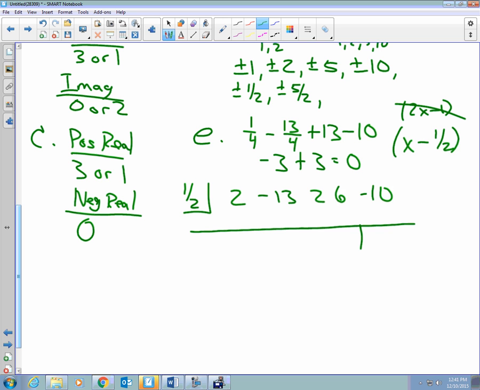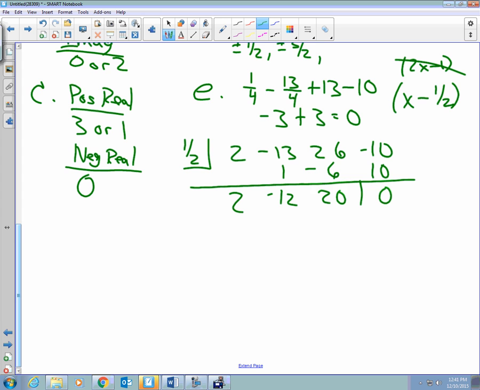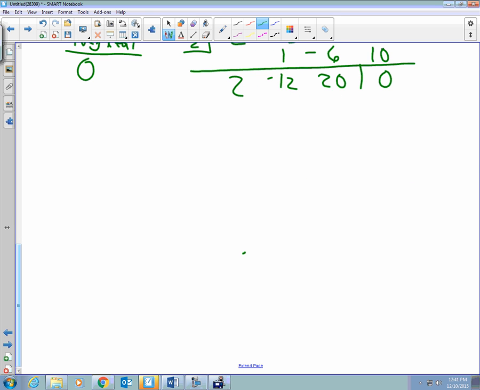Drop it down, multiply. Two x squared minus 12x plus 20.